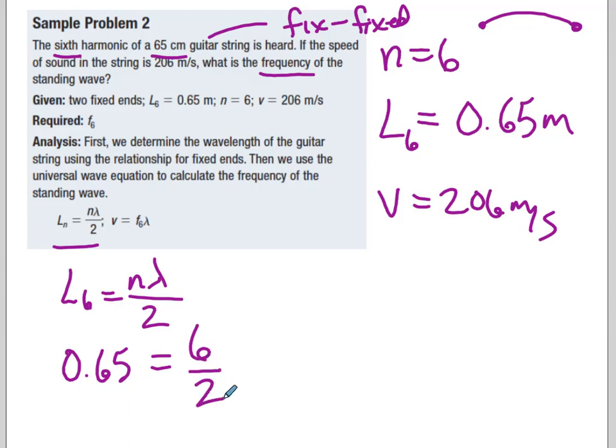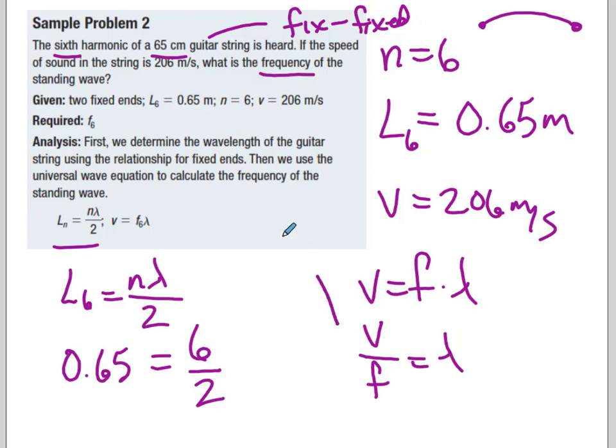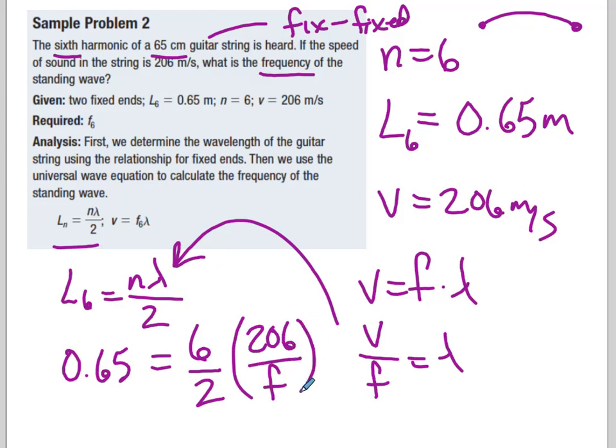We know we have to divide by 2, and lambda I can actually replace, we'll rearrange our expression here. Lambda can be replaced with velocity over frequency. Okay, so then I can put in velocity, put a little arrow over to that guy. Velocity is 206. Frequency is on the bottom.